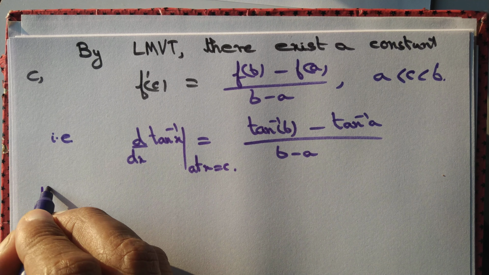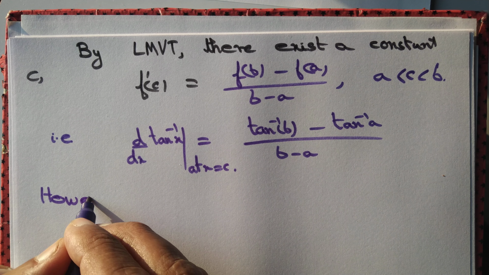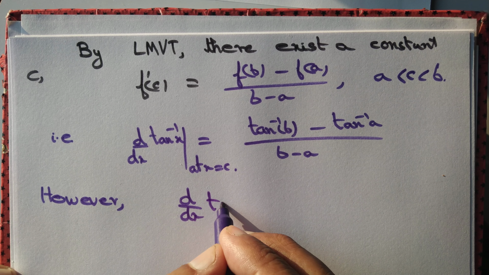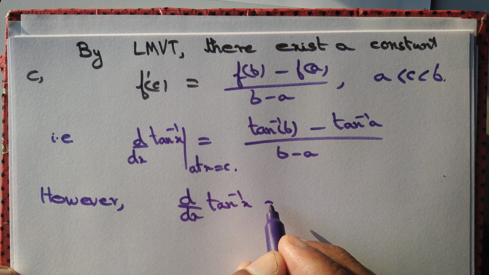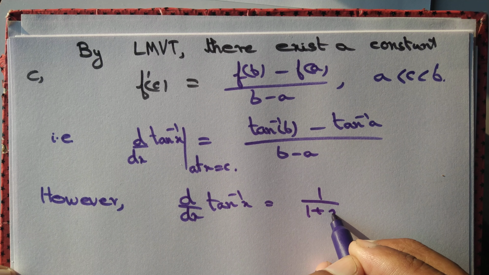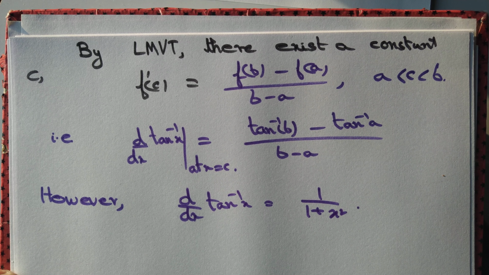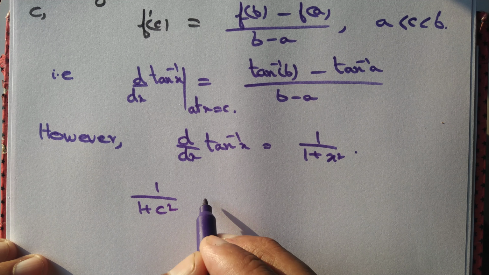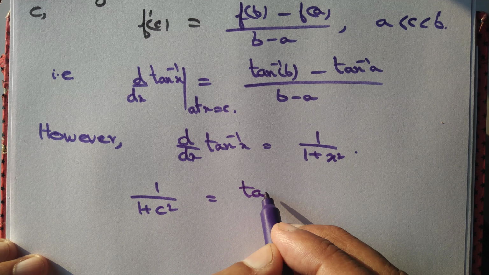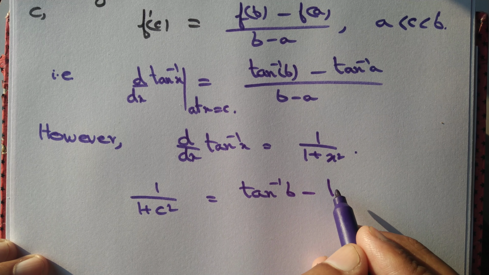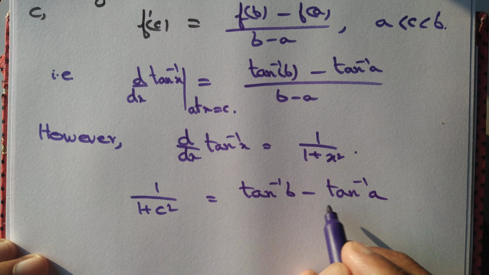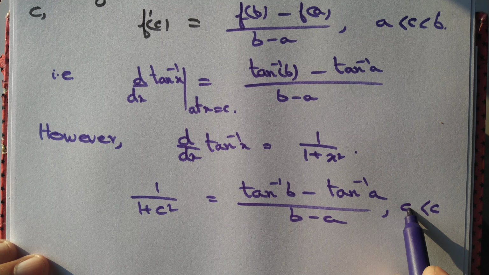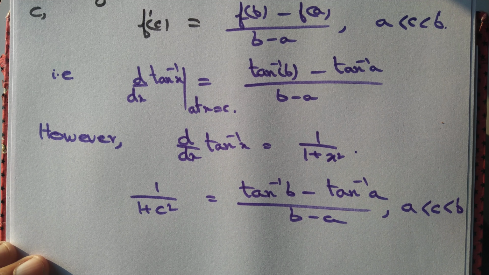However, d dx of tan inverse of x equals 1 by 1 plus x square. So we can say that 1 by 1 plus c square equals (tan inverse of b minus tan inverse of a) divided by (b minus a), and that constant c is greater than a, less than b.